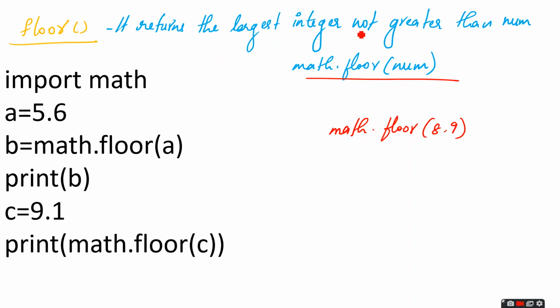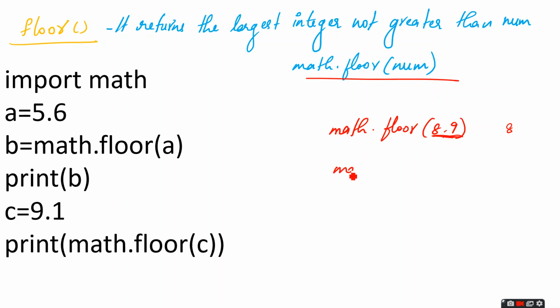It returns the largest integer not greater than this number. The floor function will give the largest integer, but it should not be greater than this number. That means we have to get a number, it should not be greater than this number. So the output will be 8. 8 is not greater than this number. That's it. So it will give the value, only the integer part.